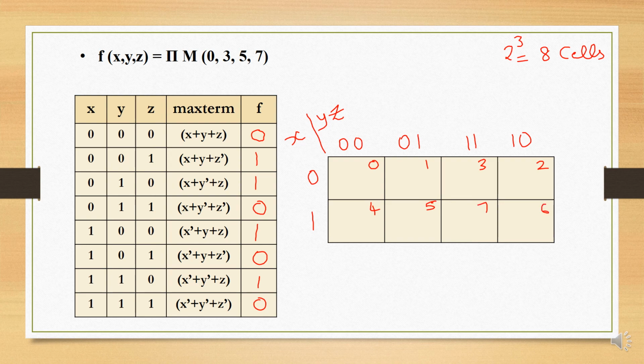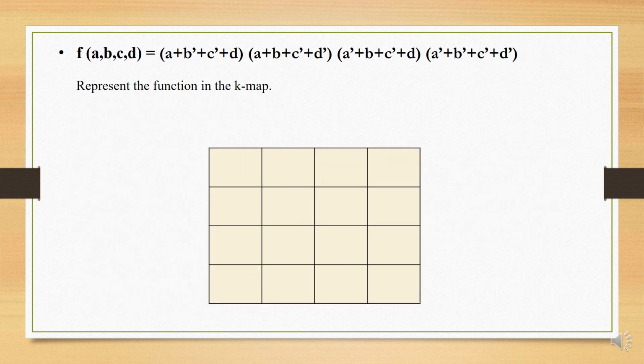Let us now write the values into the cells. So this will be 0, 1, 1, 0, 1, 0, 1, 0. This is the representation of max term canonical form in the K-map.